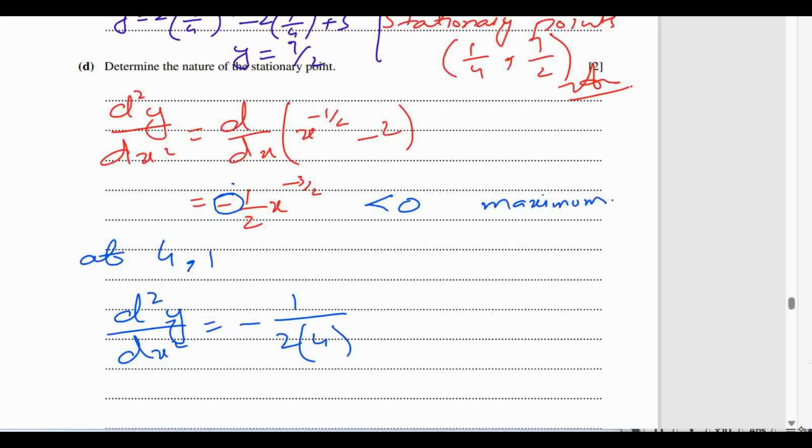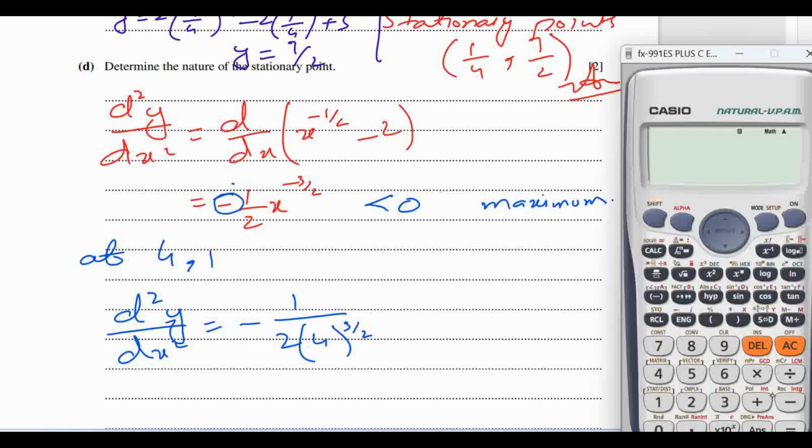So let's see the value here. Minus 1 divided by 2, bracket 1 by 4, power 3 by 2.